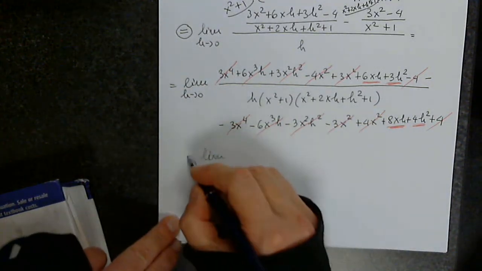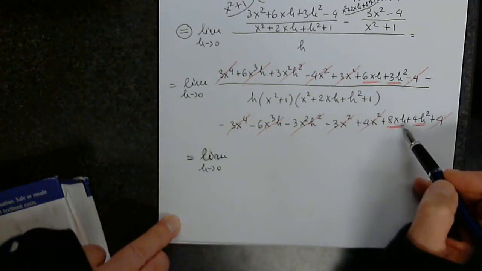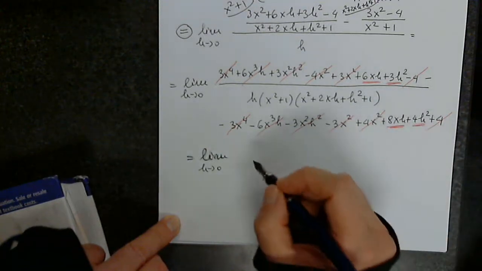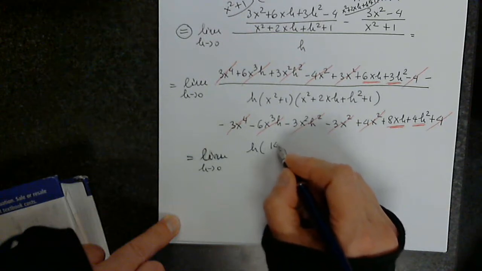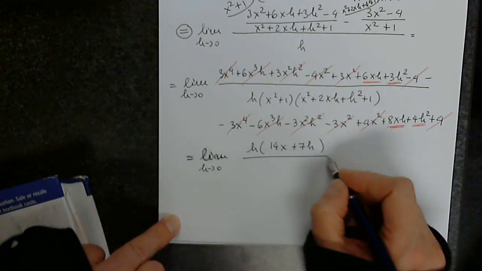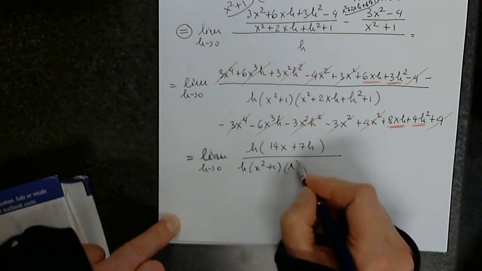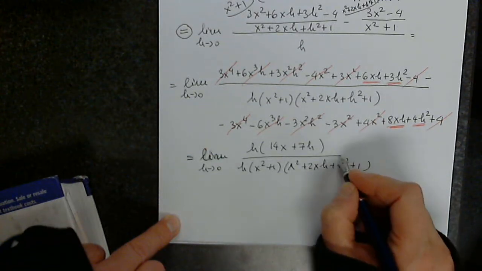Oh, okay. So limit as h approaches 0. This is 16. This is 14, and this is 7. But I have to factor out an h. So 14x plus 7h, everything divided by h, x squared plus 1, x squared plus 2xh plus h squared plus 1.